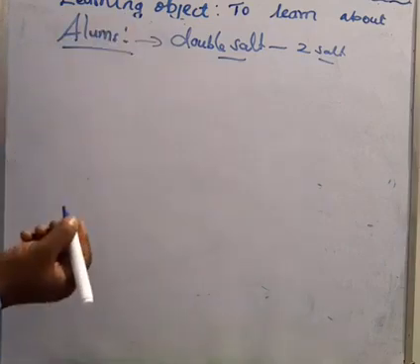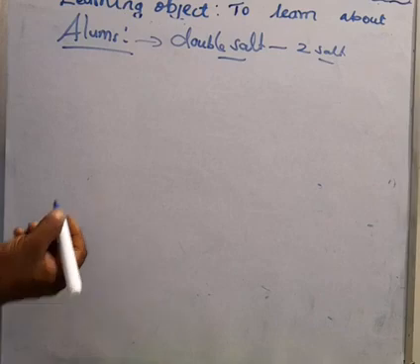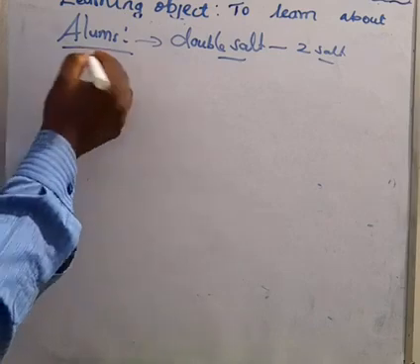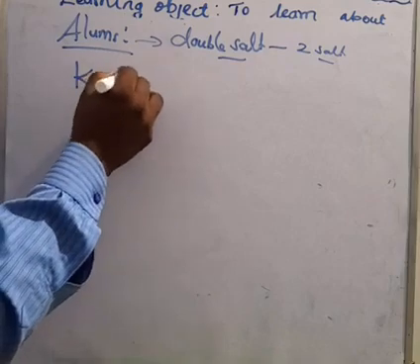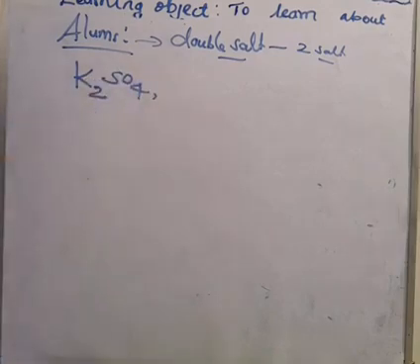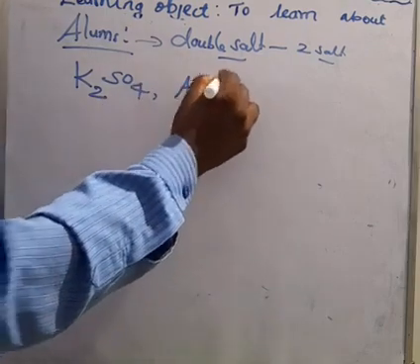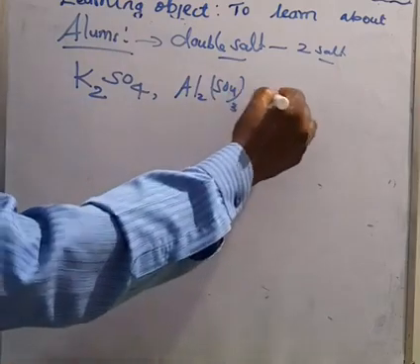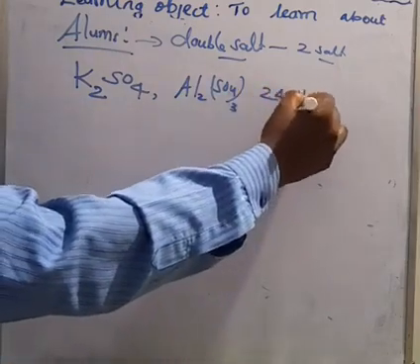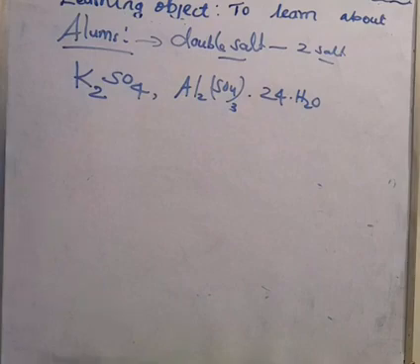That we call a double salt. For example, potassium sulfate, K2SO4, and aluminum sulfate, Al2(SO4)3, with 24 molecules of water. This is called one of the alums.